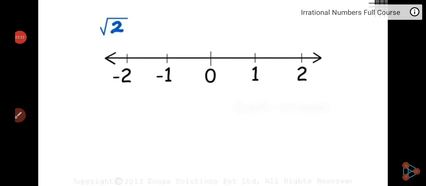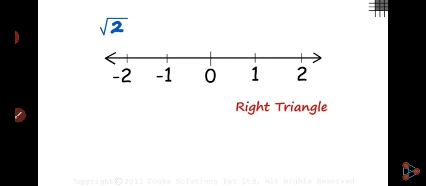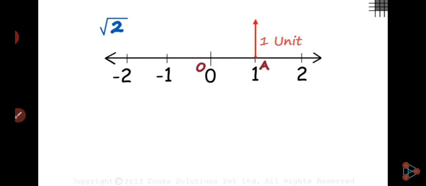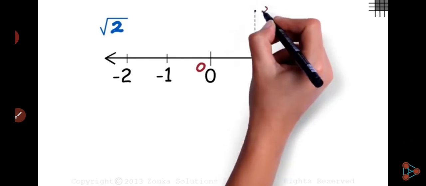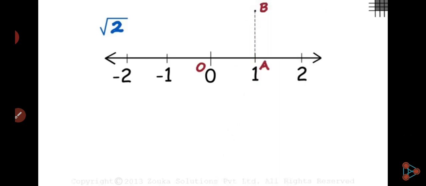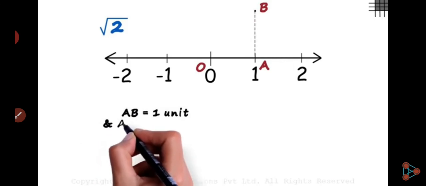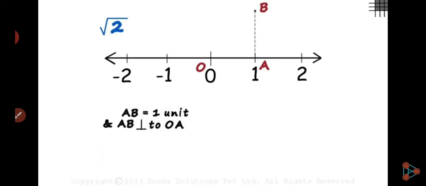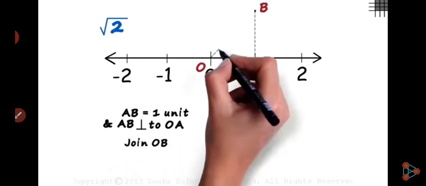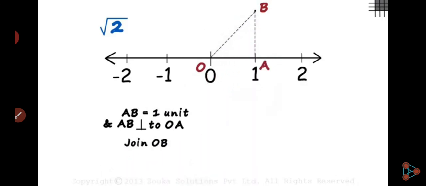Now students, let's see how to denote √2 on the number line. If this is your number line, this is 0, this is point O. If we take O as point 0 and A as point 1, then you have to make AB equal to 1 unit, and AB is perpendicular to OA. Now join OB, then it is a right angle triangle.